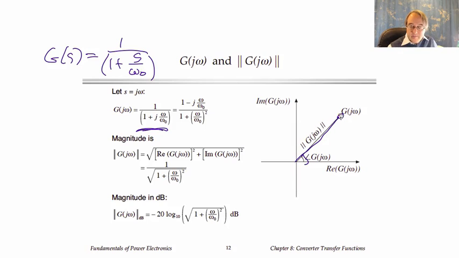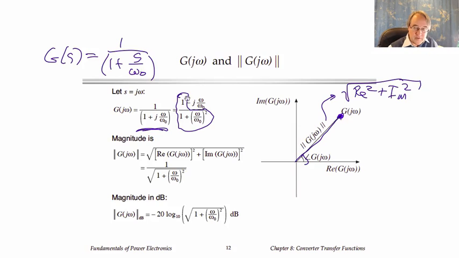We can find the magnitude as the square root of the sum of the squares of the real part and imaginary part. If you multiply top and bottom of our function by the complex conjugate, 1 minus j omega over omega naught, you can express g like this, and this part here is the real part, whereas this part here is the imaginary part.